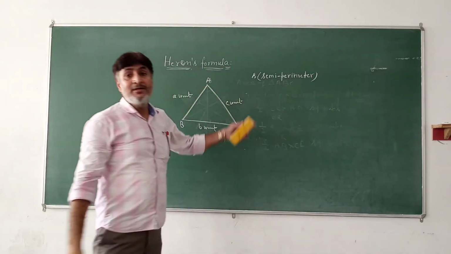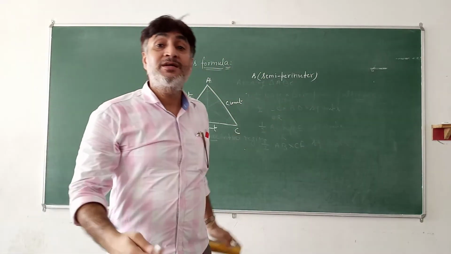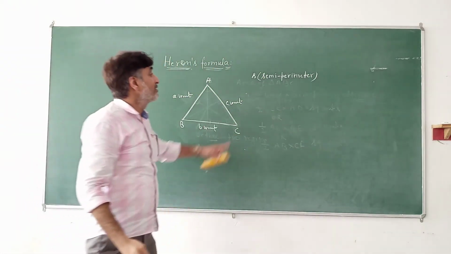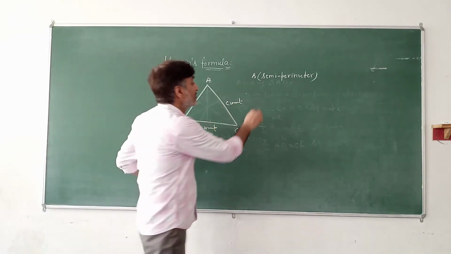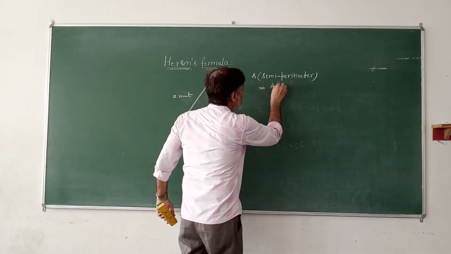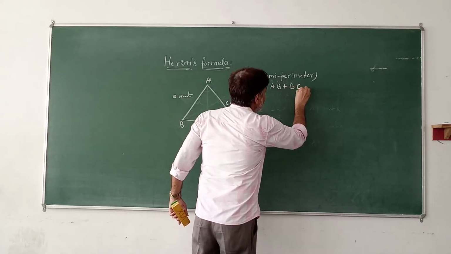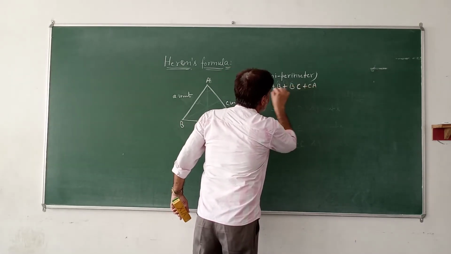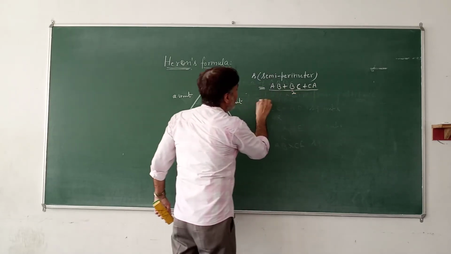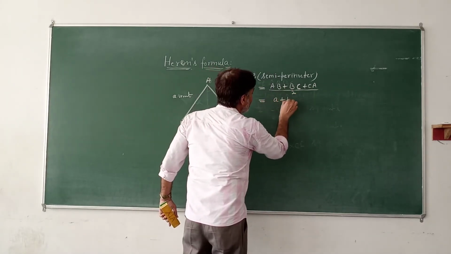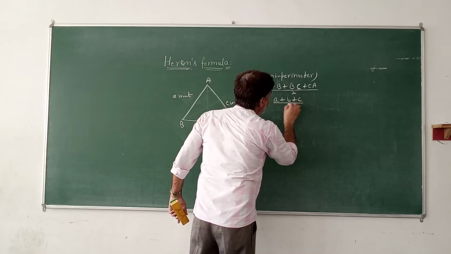As you know, the perimeter of a triangle is the sum of the lengths of all three sides. So semi-perimeter becomes the sum of the lengths of all three sides, AB plus BC plus CA, divided by 2, and it becomes a plus b plus c upon 2.